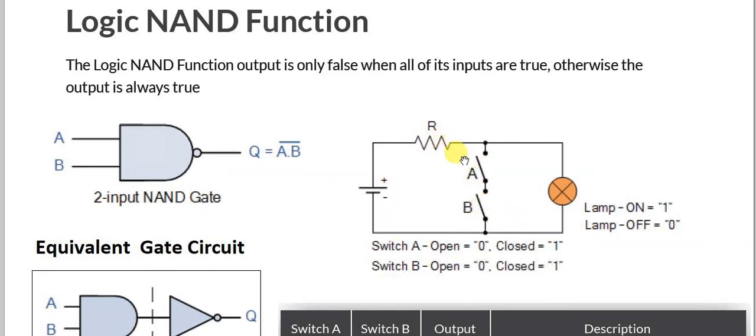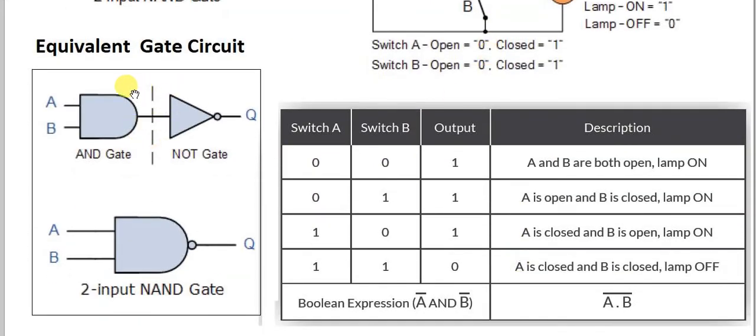So this is the equivalent circuit for the AND gate and inverter gate. This is a NOT gate, symbolically represented by a triangle and a bubble at the tip of that triangle. Whatever we have obtained from the AND gate, we invert that value, which gives you the NAND gate.